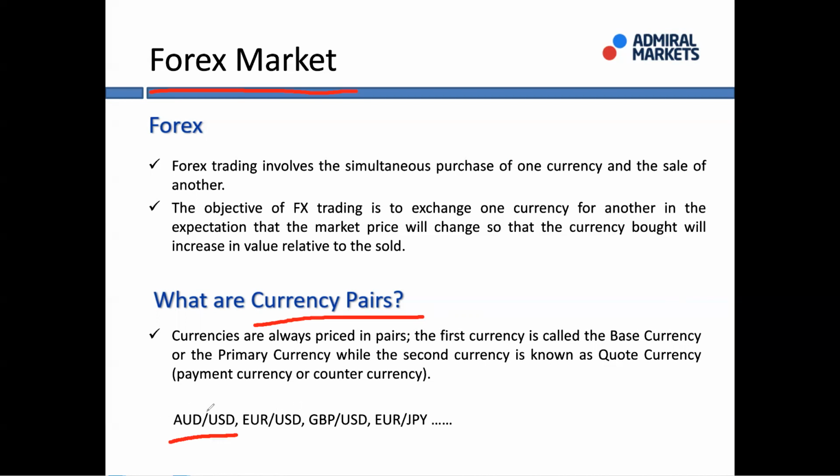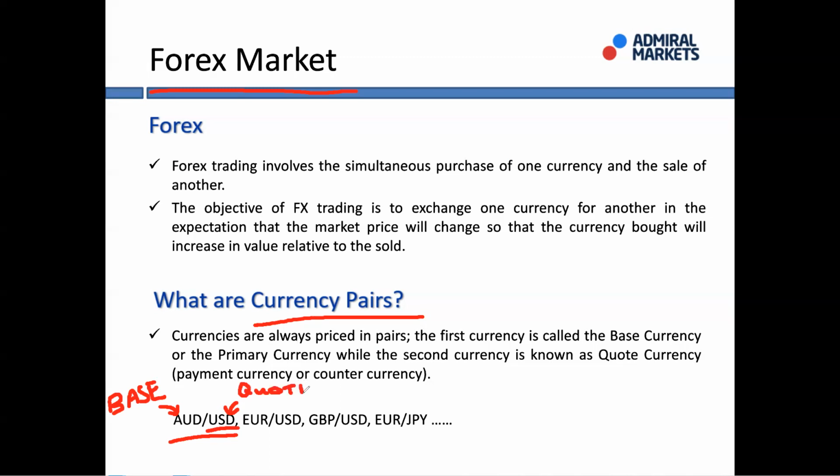We can see this example, AUD USD. I do want to show you the technical names for these. So AUD, in this case, is what we would call the base currency. The US dollar, in other words the one on the right-hand side of this slash, is the quote currency.